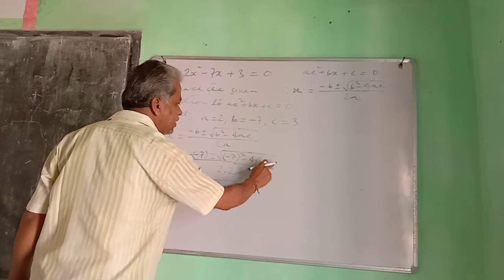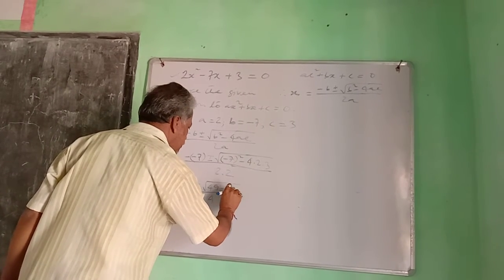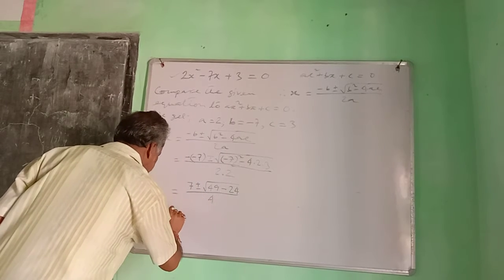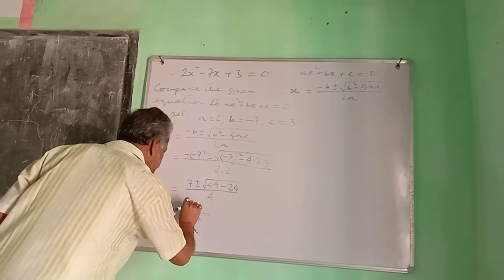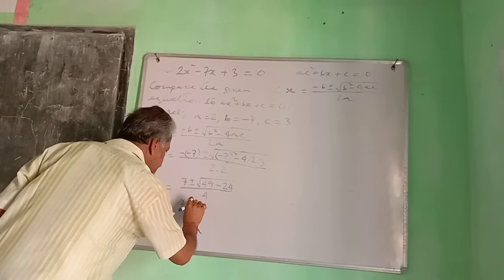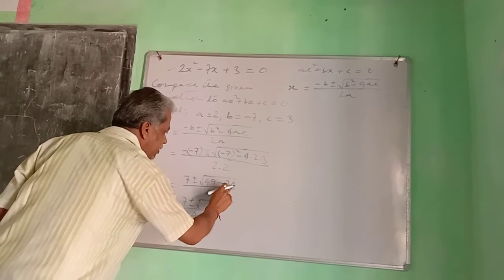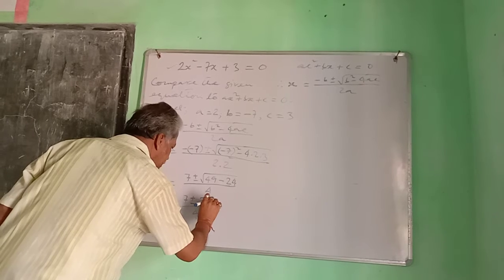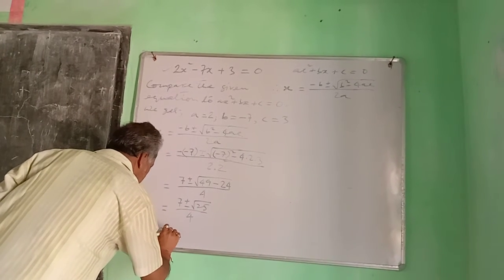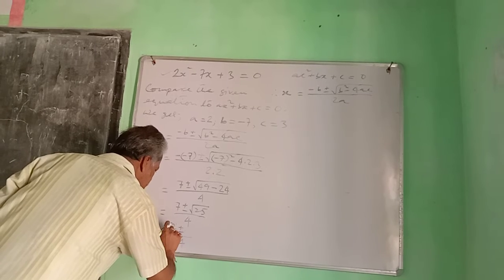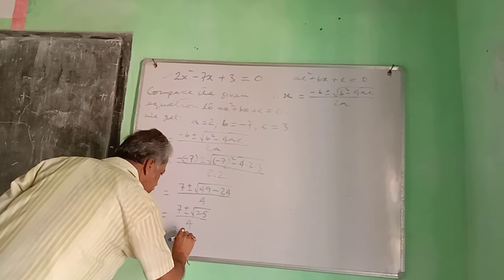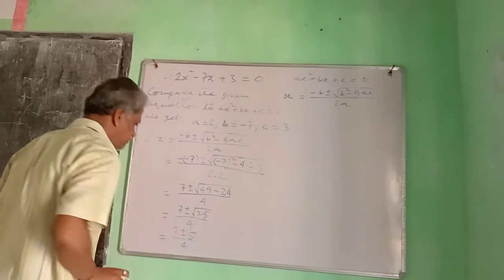Minus 4 into 2, 8 into 3 is 24. So what we get, 49 minus 24 is 25. So 7 plus minus square root of 25 is 5.